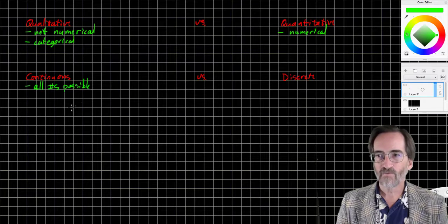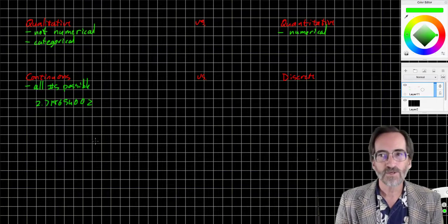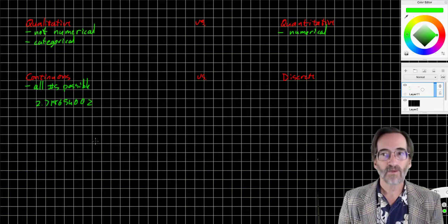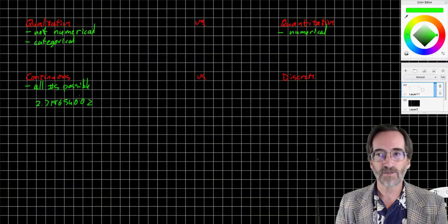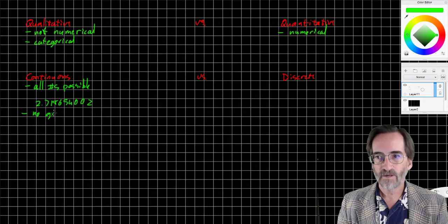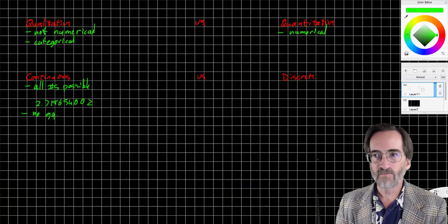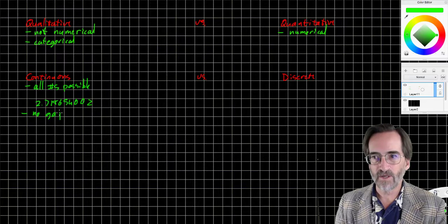So could you get a number like 2.71865430002? Could you get a number like that? Then it's perhaps continuous. Continuous means literally no gaps. Every number can exist.